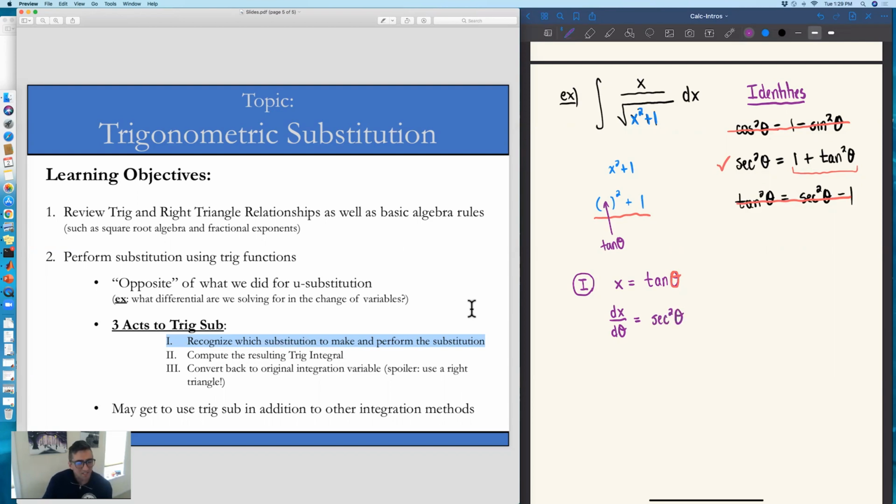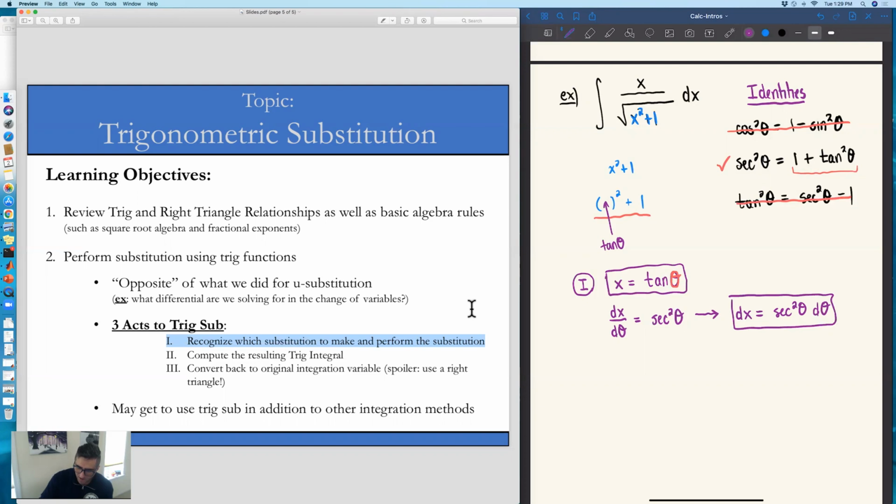And what we want to do is substitute our dx for something in terms of d theta. So from this line, we can solve for dx in terms of d theta by cross multiplying and getting dx is equal to secant squared theta d theta. So we're going to get to use both of these substitutions in the above integral.